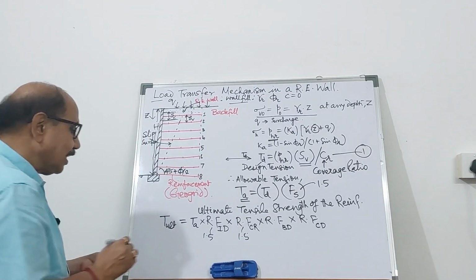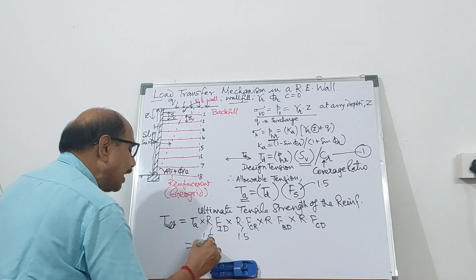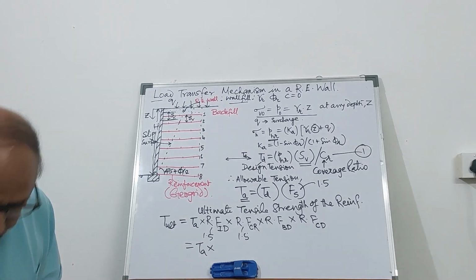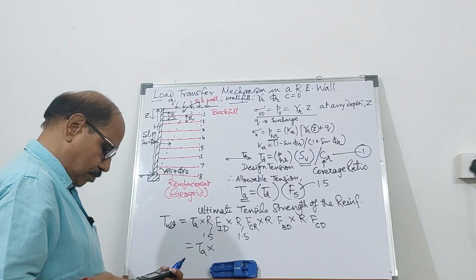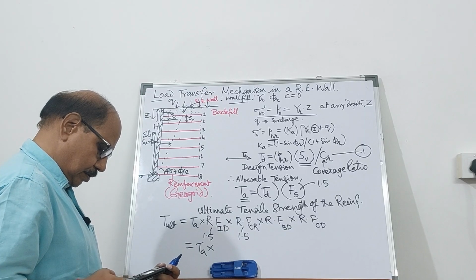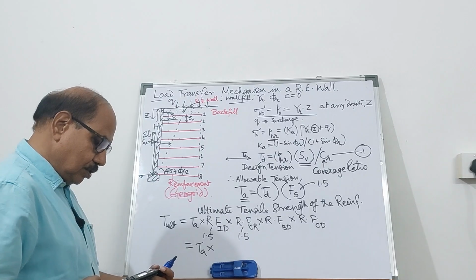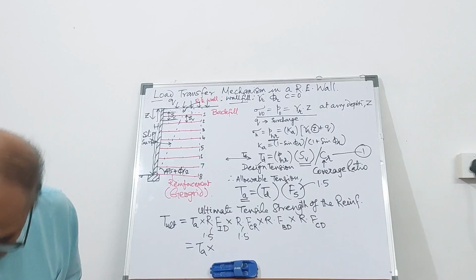So the TA multiplied by those factors, you should multiply it. So if I take 1.5, this becomes 3.375.